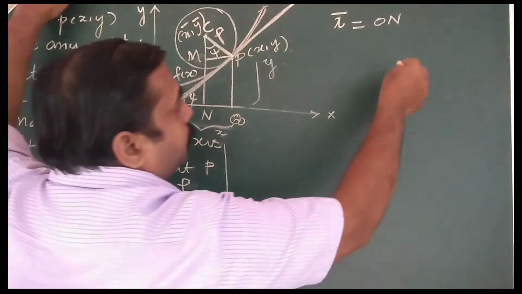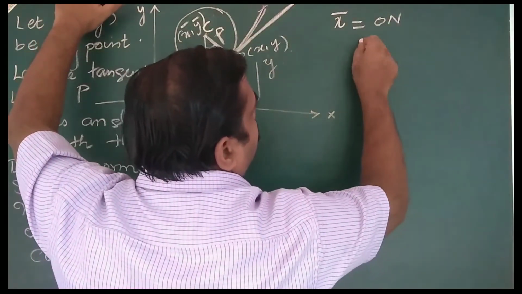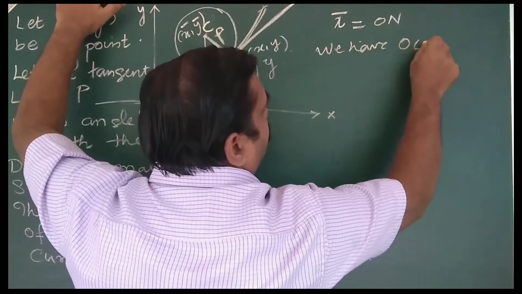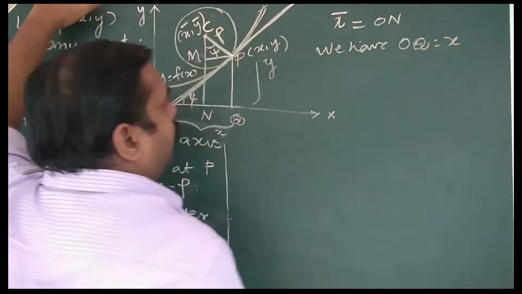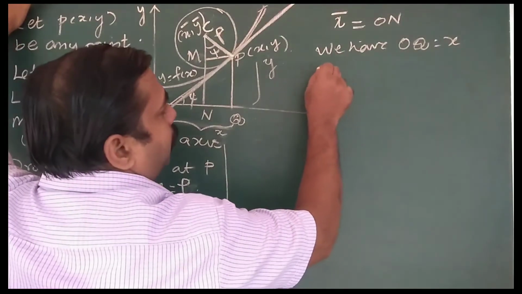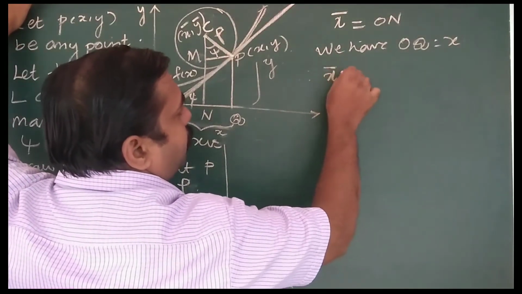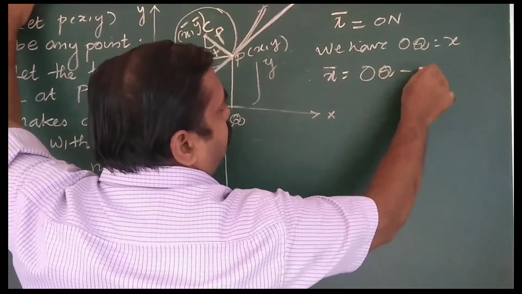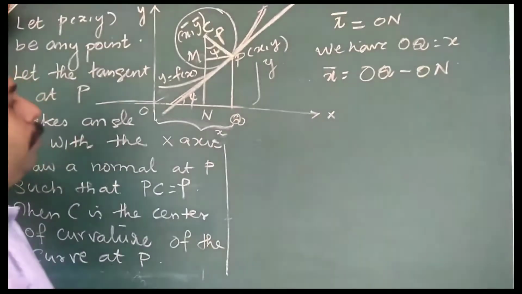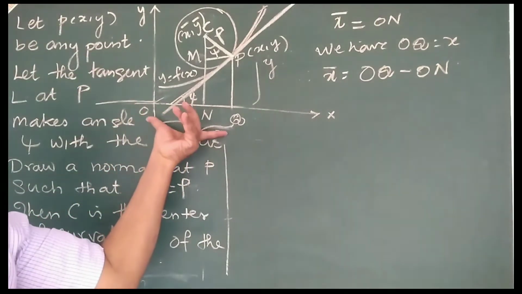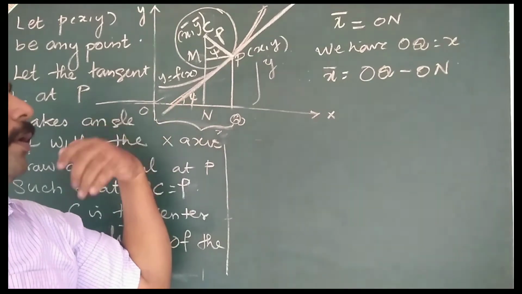OQ is equal to x. Therefore, x bar is equal to OQ minus ON. So this length is equal to this full length OQ minus ON.